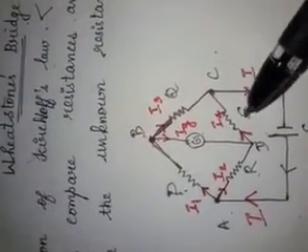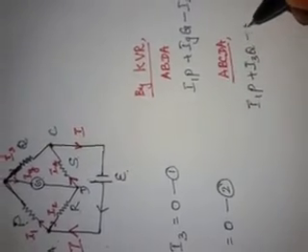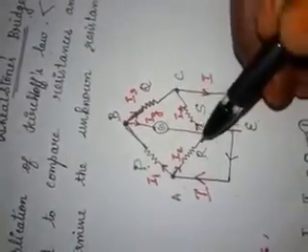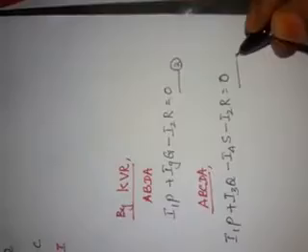So minus I4S minus I2R is equal to 0. Why 0? Within this loop there is no EMF, no cell connected, therefore it is equal to 0. Let this be equation number 4.